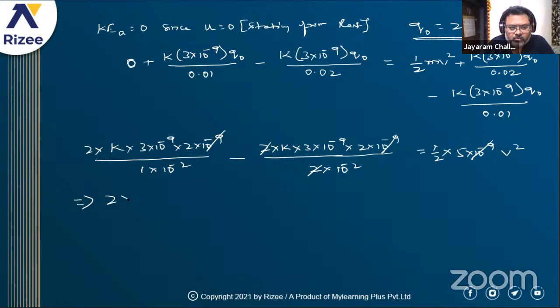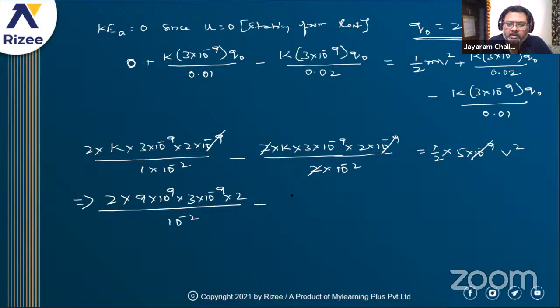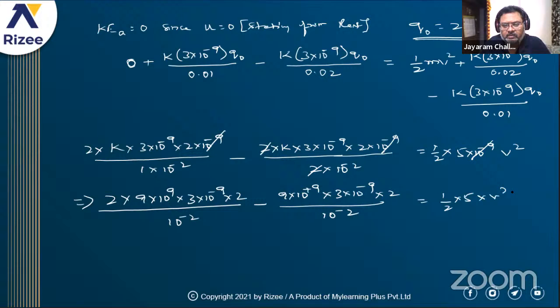So this is going to be 2 into K value, 9 into 10 to the power of plus 9 into 3 into 10 to the power of minus 9 into 2 by 10 to the power of minus 2, minus the last one. It is again K, which is 9 into 10 to the power of plus 9 into 3 into 10 to the power of minus 9 into 2 by 10 to the power of minus 2, is equal to half into 5 into V square.